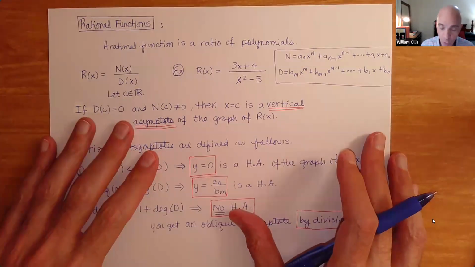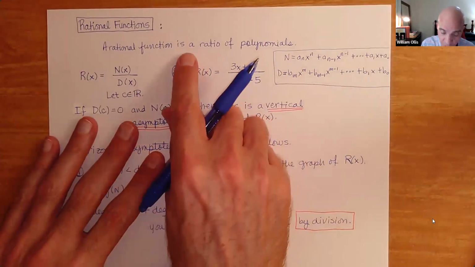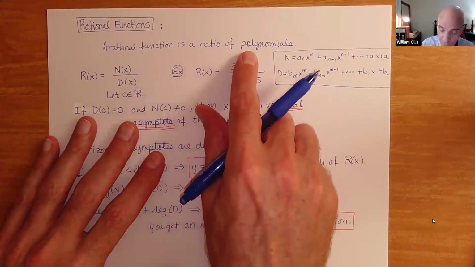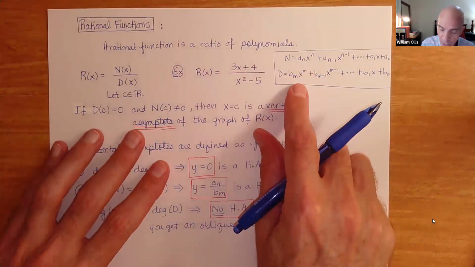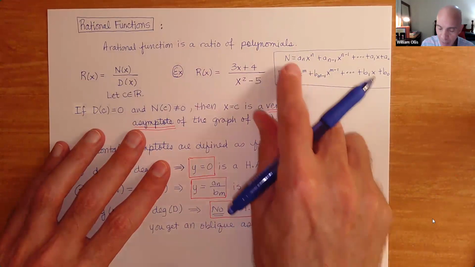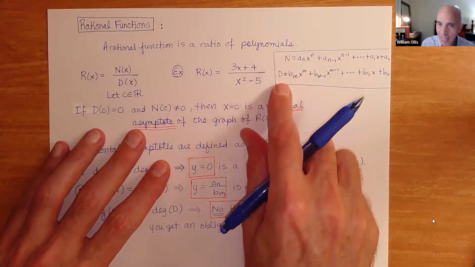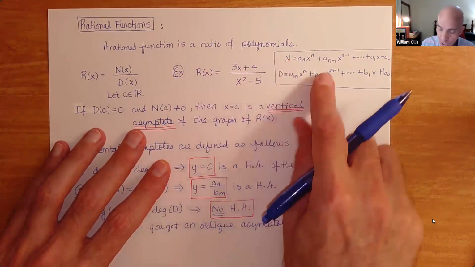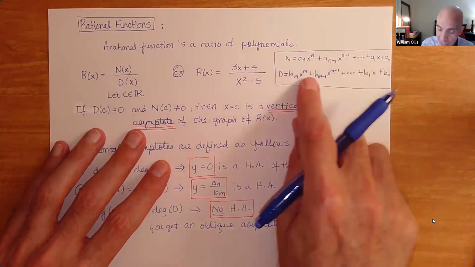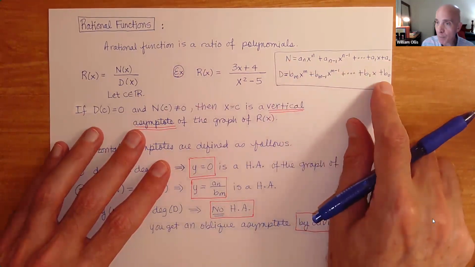So as I said before, a rational function is a ratio of polynomials. And what I've done here, you can use any letters you like, but I'm using N for numerator and D for denominator. So just giving you a basic generalized form of the polynomial.